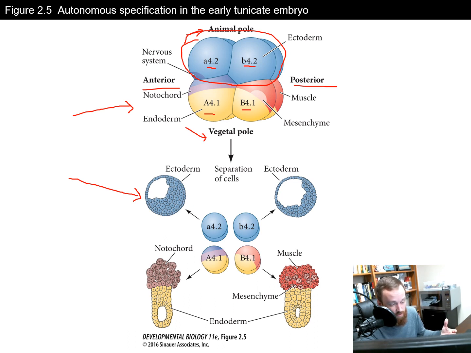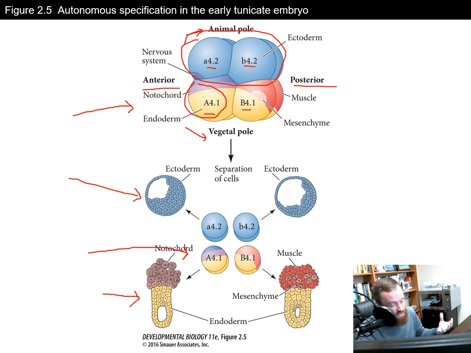So they will still become ectoderm by themselves. Now, compare that to isolating just A4.1 down here: those cells will develop and become different from A4.2. They will become notochord tissue because that's what they were specified to do within this developing blastocyte.